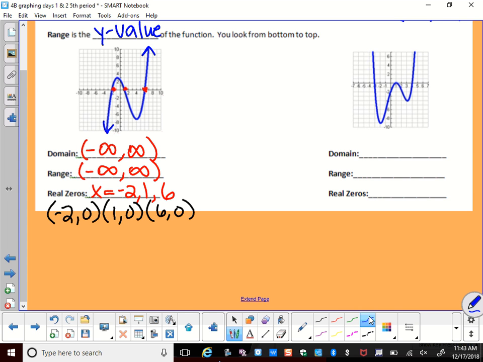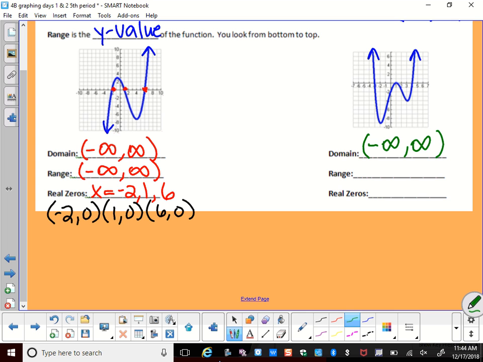Look at number 2. All right, my domain is going to be negative infinity to positive infinity. It keeps going left to right. So my range is from bottom to top, okay?